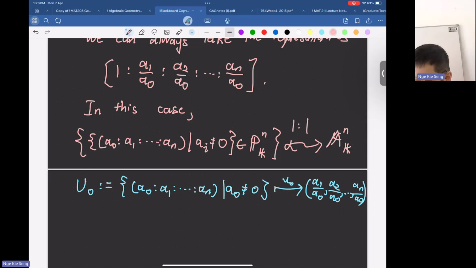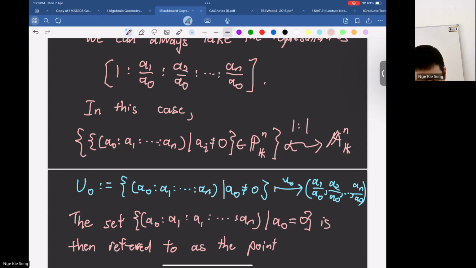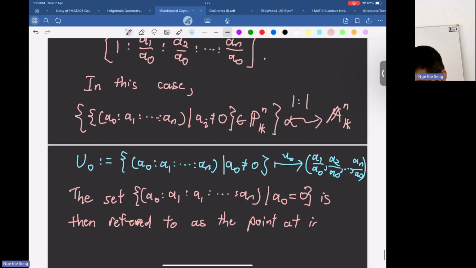How about the set when A0 is 0? We call this set the points at infinity.